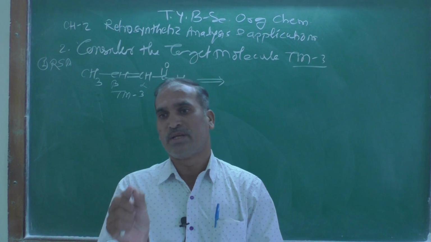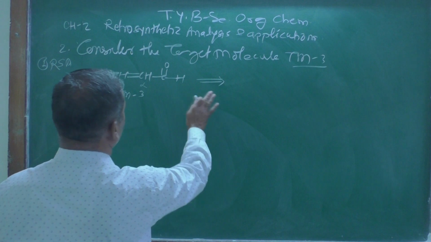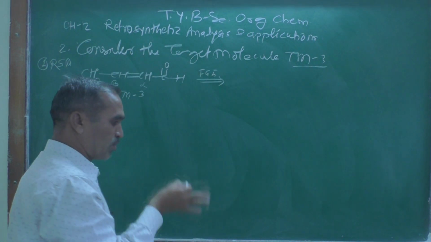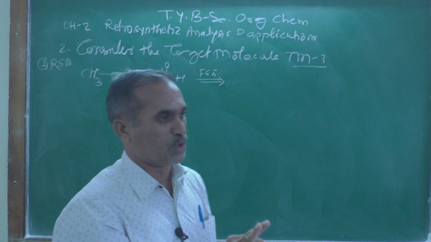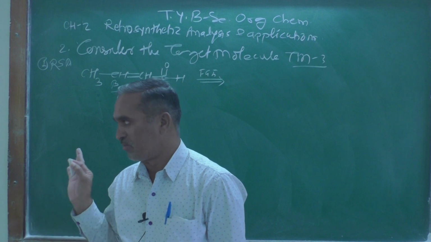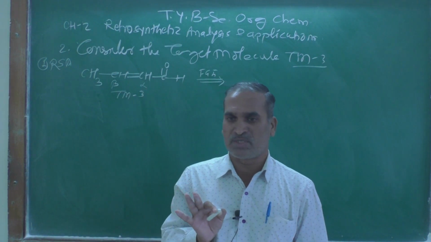involved in a retrosynthetic analysis, and therefore here you can write FGI over it. FGI, we know, is the full form of functional group interconversion. And what is the meaning of that FGI?